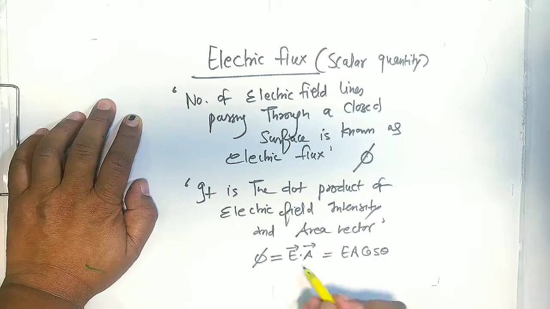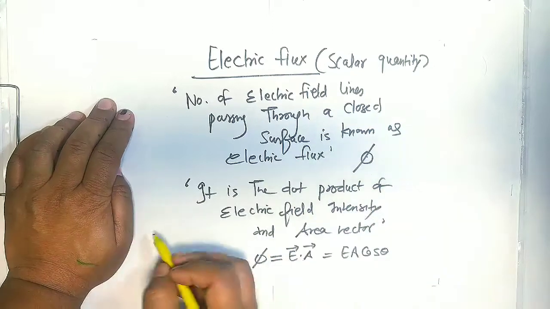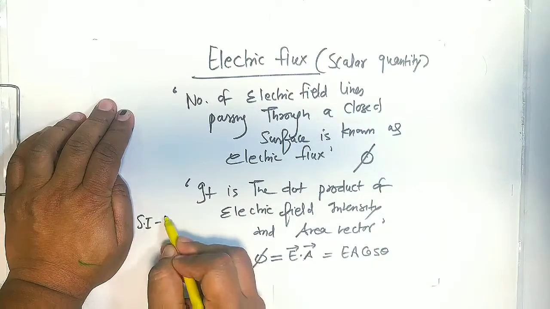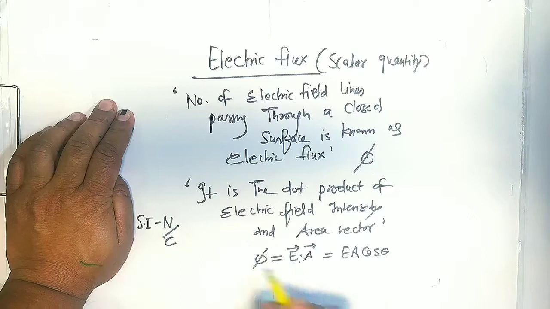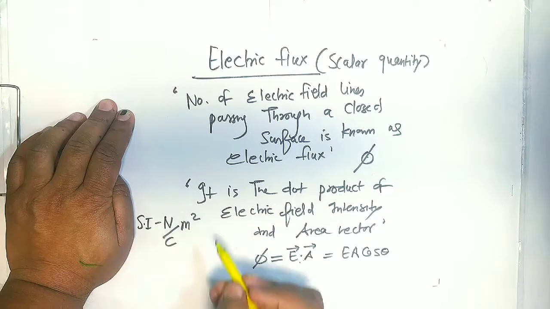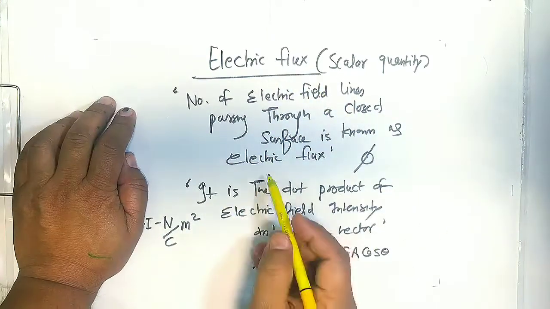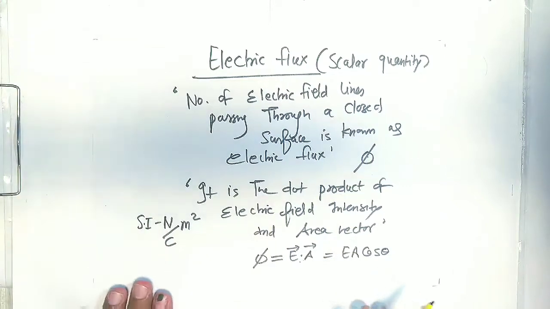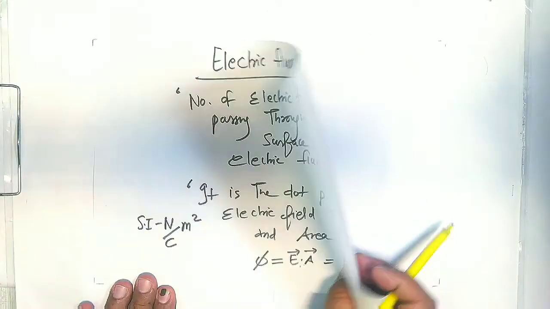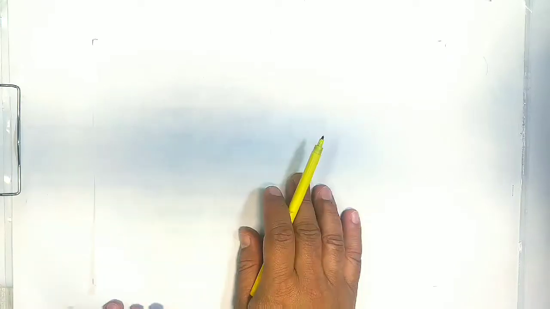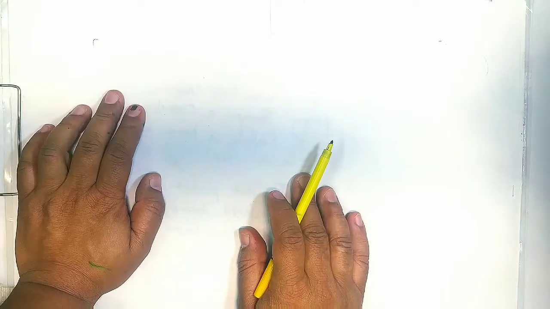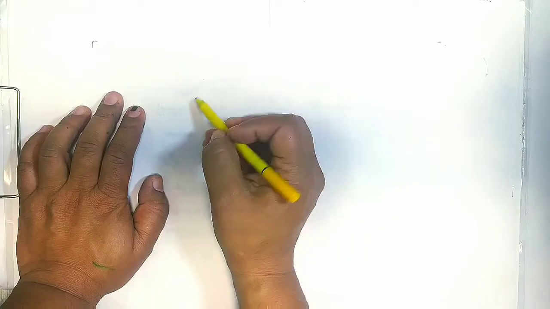Remember, dot product, and the SI unit is Newton per coulomb for E and meter square for A. So this is electric flux. So you have two definitions: one is the dot product and one is the number of electric field lines passing through a surface. And some of you may be wondering, what is an area vector? I will tell you what an area vector is.